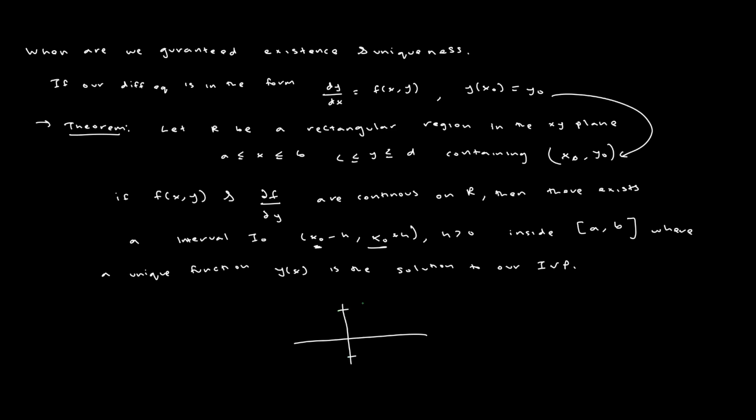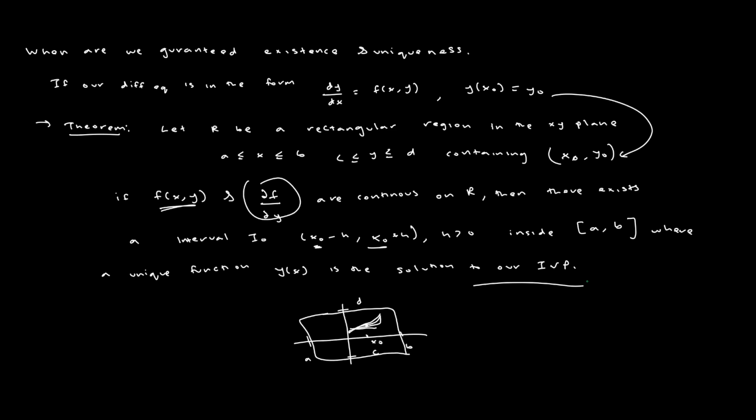This is C, this is D, and then this is A, this is B. So we have some rectangle, and if the partial derivative of our function with respect to y and f(x, y) are both continuous on this rectangle, then within it, and this is x0 over here, there is some interval, and it could be just like this interval, where we have a unique function that satisfies our initial value problem.